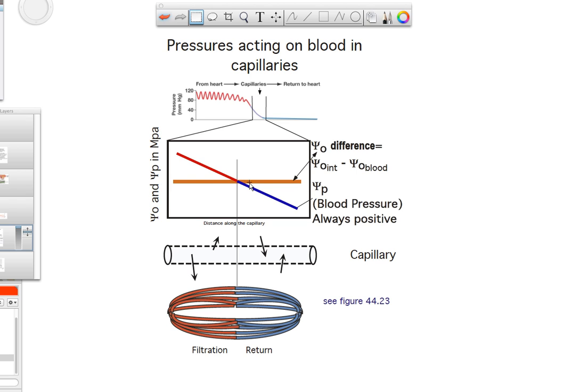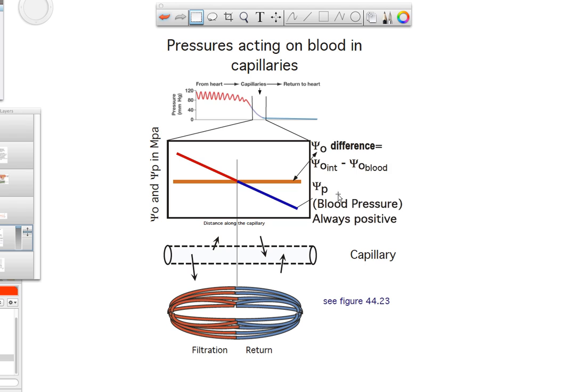Now, why this line is horizontal, why this relationship doesn't change throughout the range of distance from the artery to the vein, even though there are materials moving back and forth, is complicated. Don't have to know it for this class.